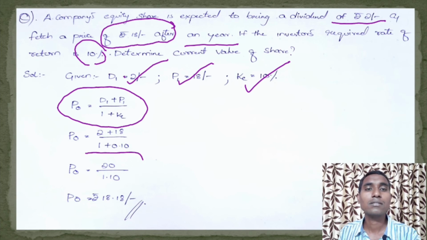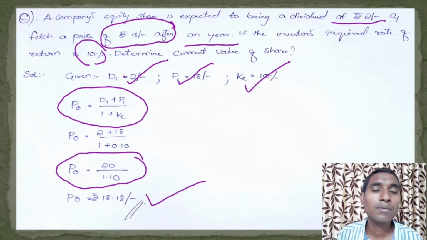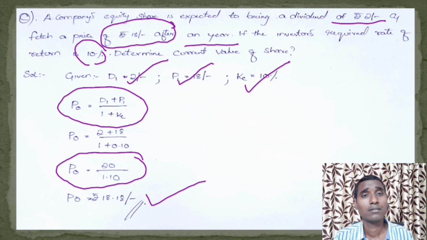P0 equals 20 divided by 1.10, and it amounts to 18.18. That means the present value of the equity share is 18.18 rupees. This is how we calculate the value of an equity share in case of single period holding. If you hold it for 1 year and then sell it, what is the value of the equity share? This method helps you in learning such calculations.